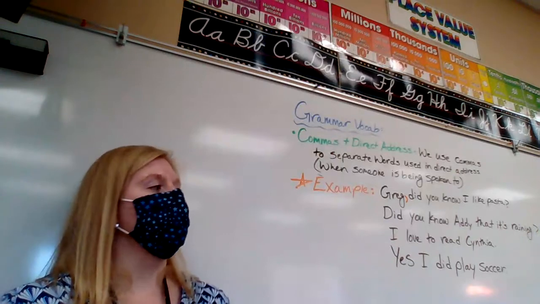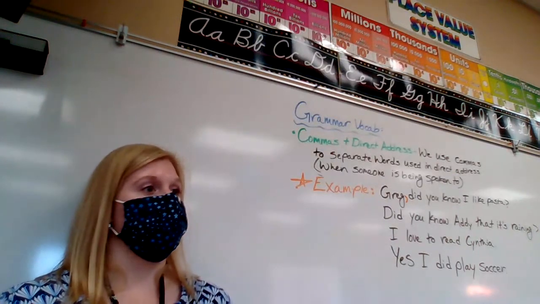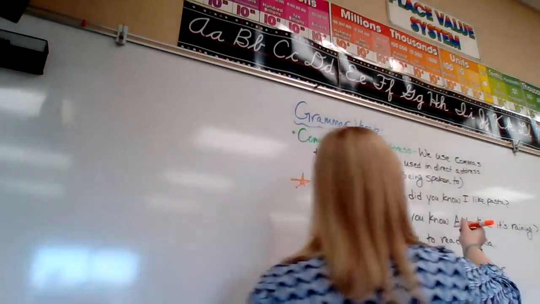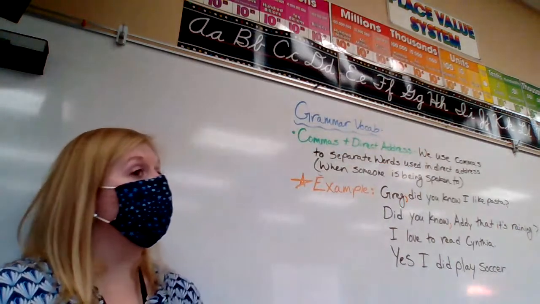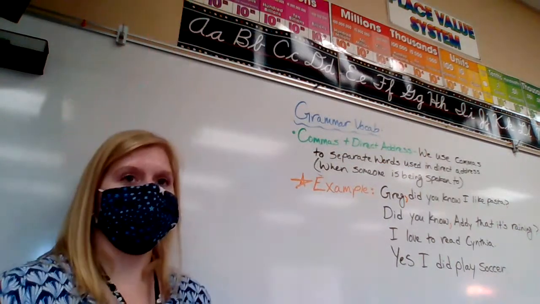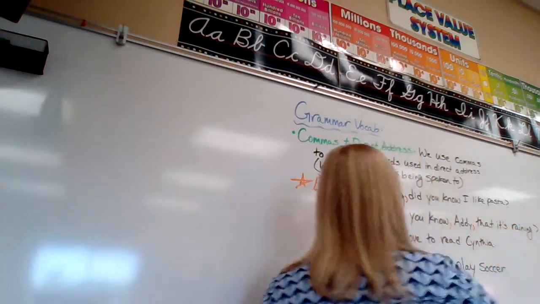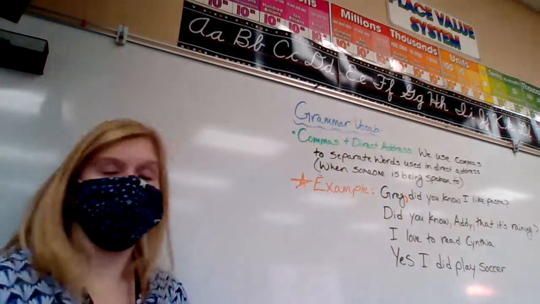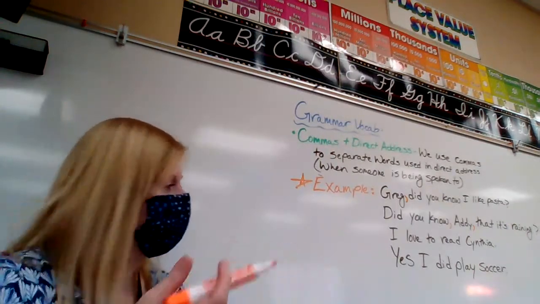How many of you think a comma needs to go before Addie? Okay, you are correct. Is that it? No. I also need a comma where, Layla? After Addie. And if you notice when I say it, did you know, Addie, that it's raining? I pause before and after Addie's name.